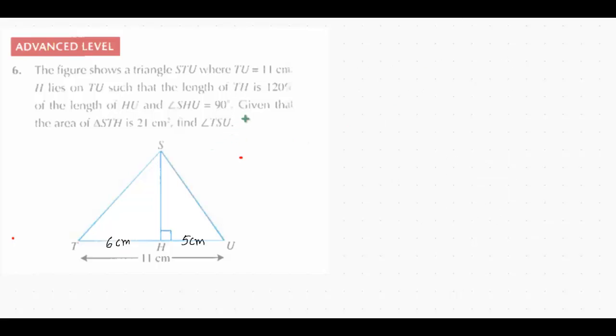Now read the next information. Area of triangle STH, its area is given 21 centimeter square. And we know that area is half times base times height equal to 21.